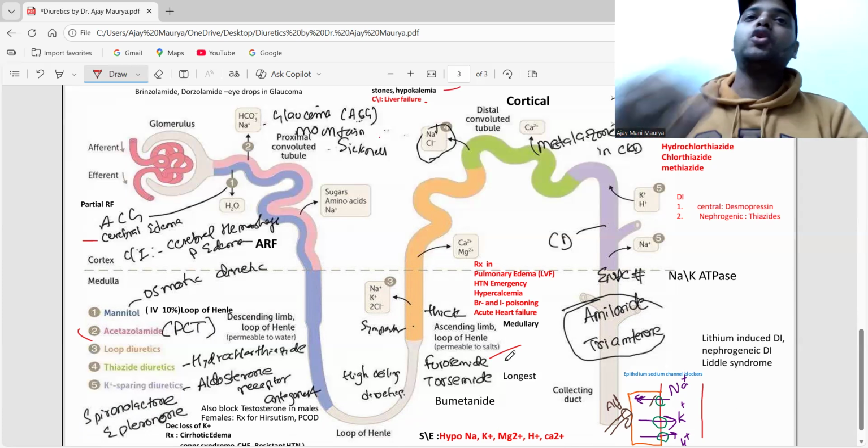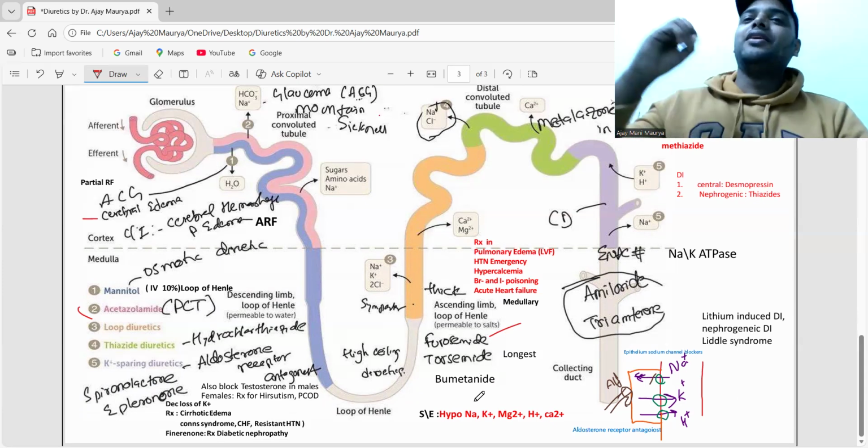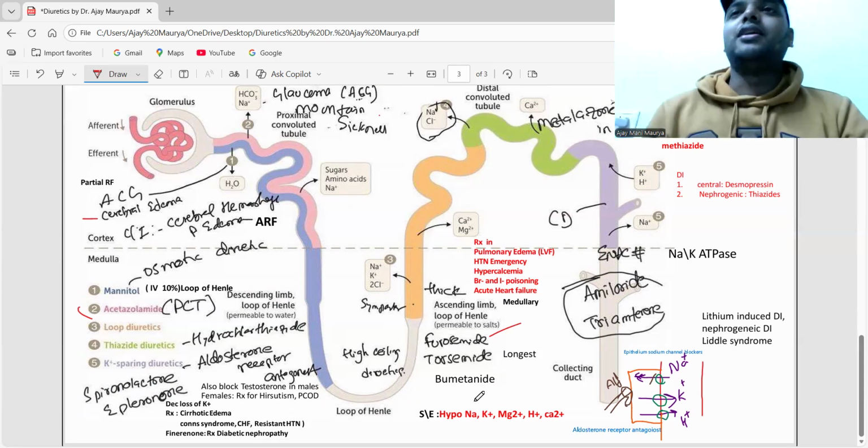So what are the side effects here? Side effects of the loop diuretics. See, loop loses everything. It causes hyponatremia, hypokalemia, hypomagnesemia, hypocalcemia also.